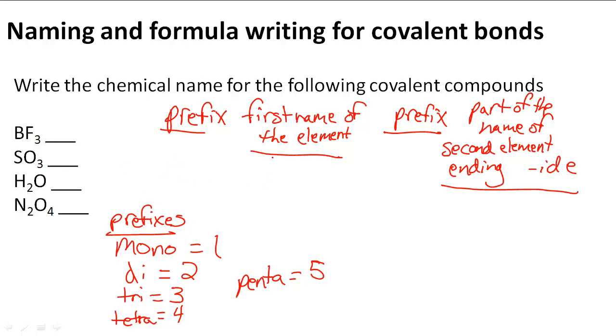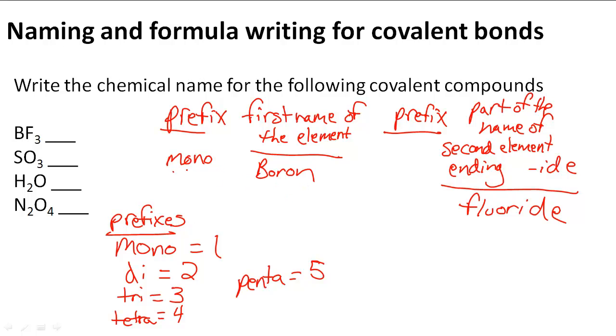The first element we have here is boron, so we're going to put that there. And then F3, so that means we're going to have fluoride. Now we can go back and put in the prefixes. However, there's a rule: we usually don't write mono for the first element. You could write it, but if there's only one atom, you just say the name of the first element.